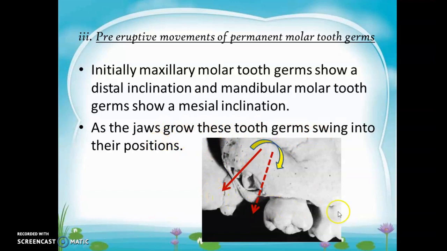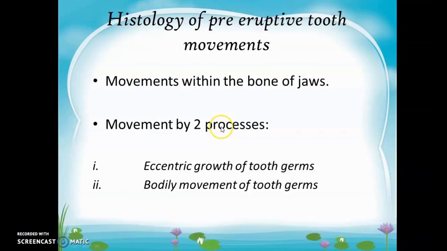As you can see in this image of maxilla, the maxillary permanent molar tooth germ is distally inclined as its long axis is indicated by this red arrow. After the pre-eruptive tooth movement, they swing into a position after which its long axis will be along this red dotted arrow. Similar rotatory movement occurs even for a mesially inclined mandibular molar.